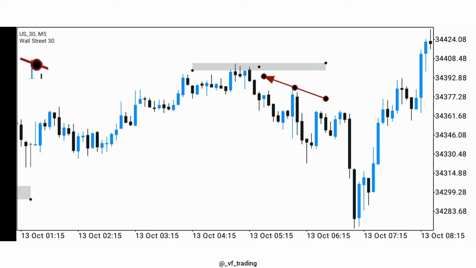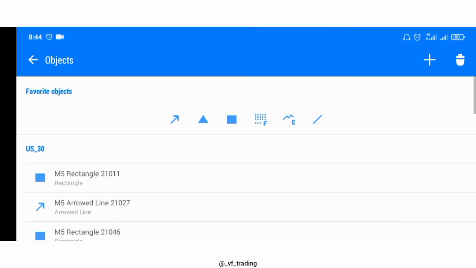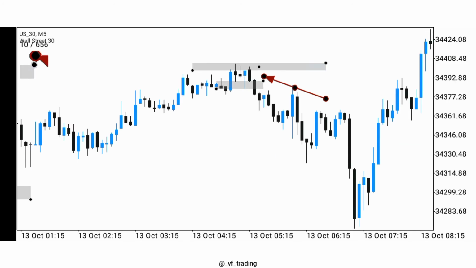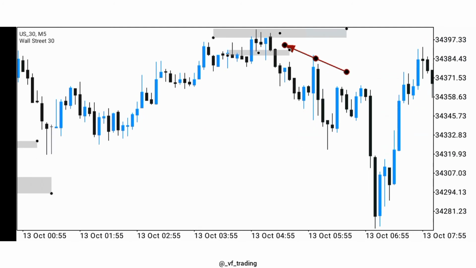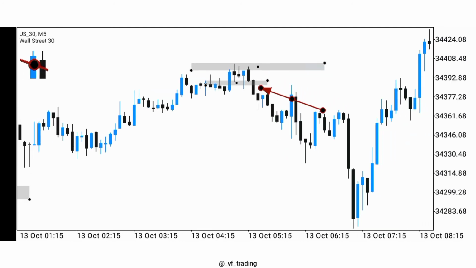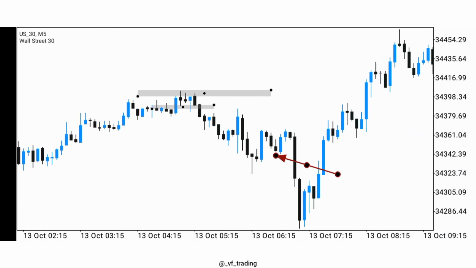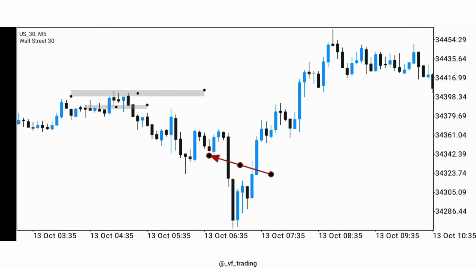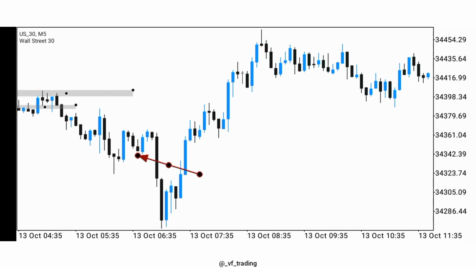How you would trade this is you would have your entry at the close of the candle, and your stop loss would be above these wicks, and you would be selling to the downside. We will look for more bearish candles.